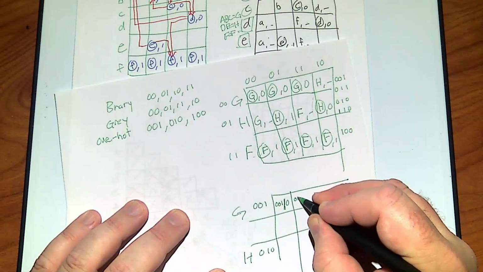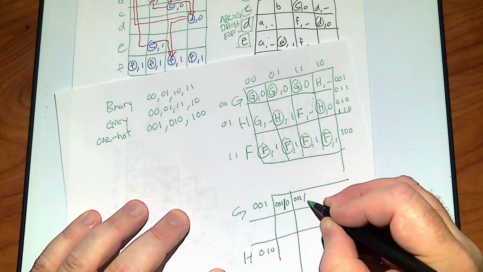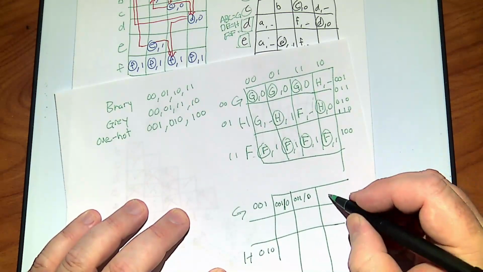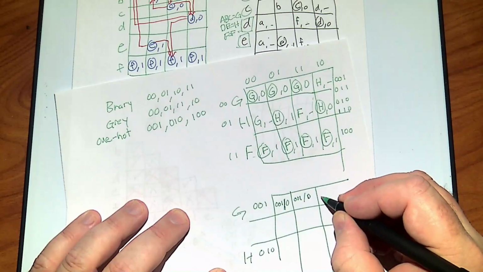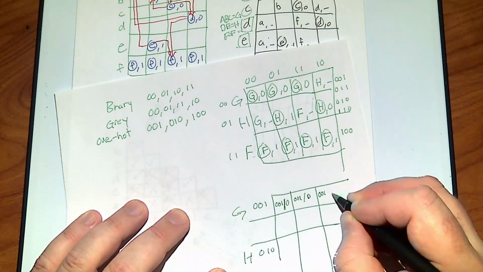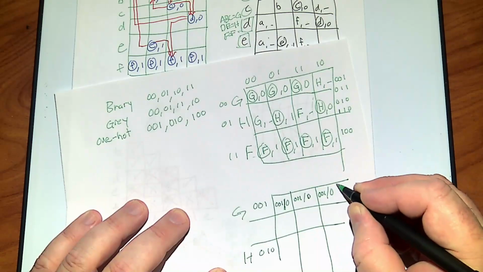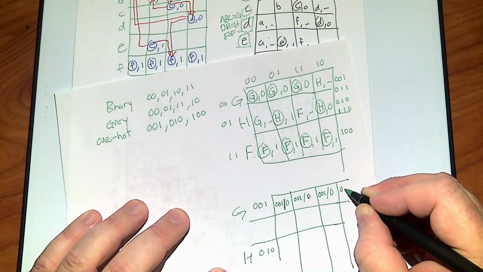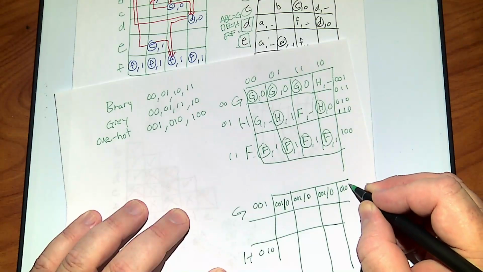So 0, 0, 1, we're replacing them by their numbers, and I'm putting the slashes in because now I've formally numbered the whole thing, so I'm going to a more normal state area. So this is just rewriting the table at the moment. And H, which is 0, 1, 0.